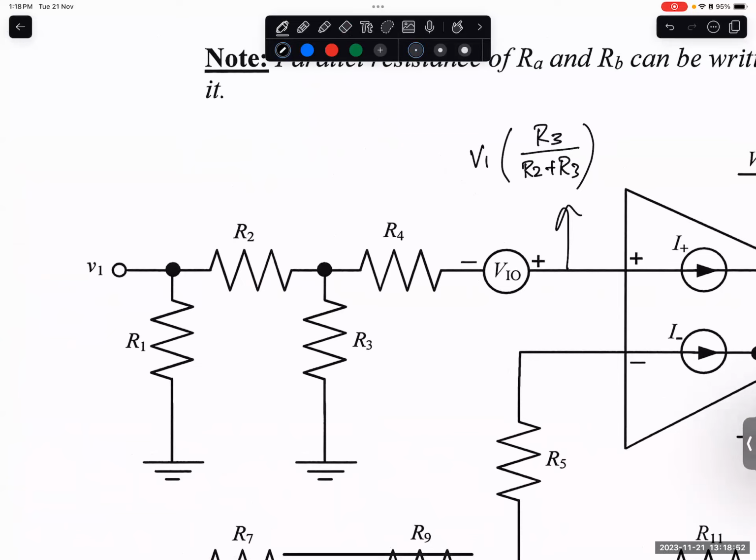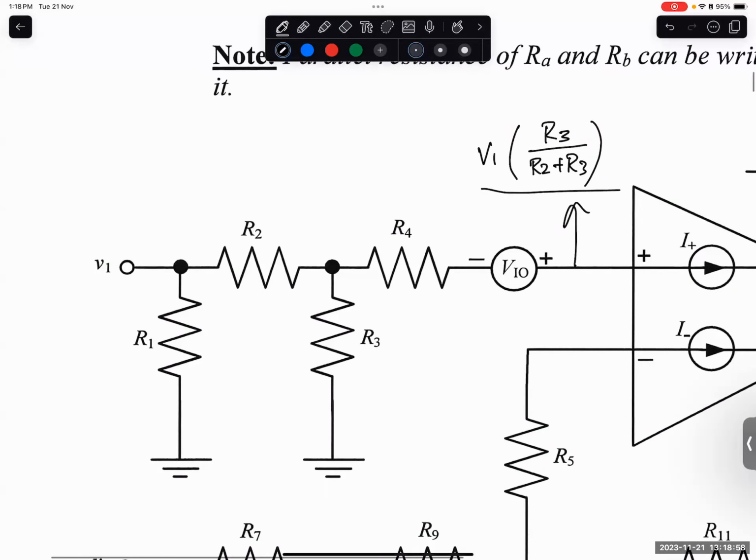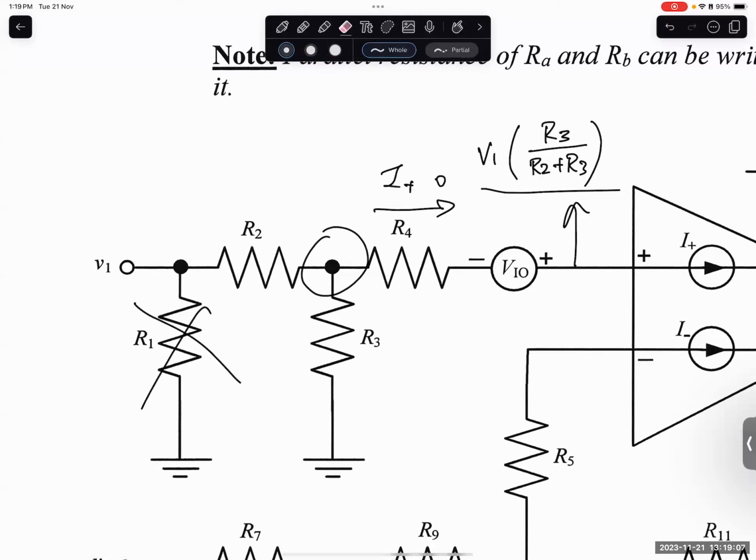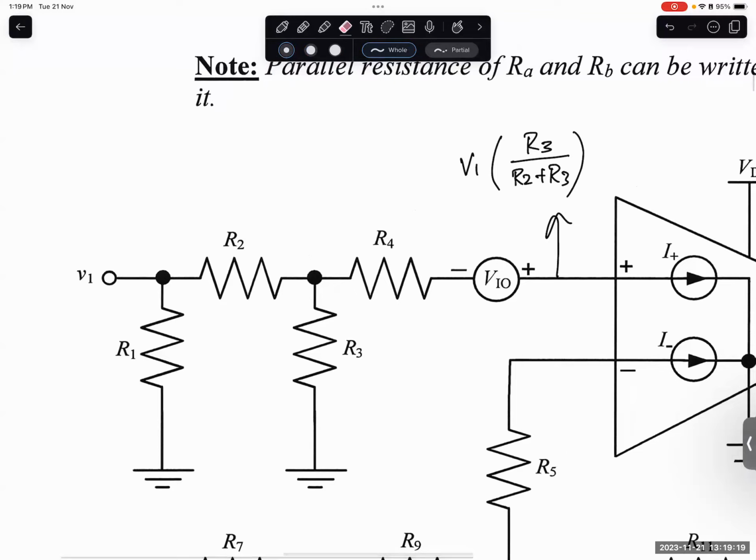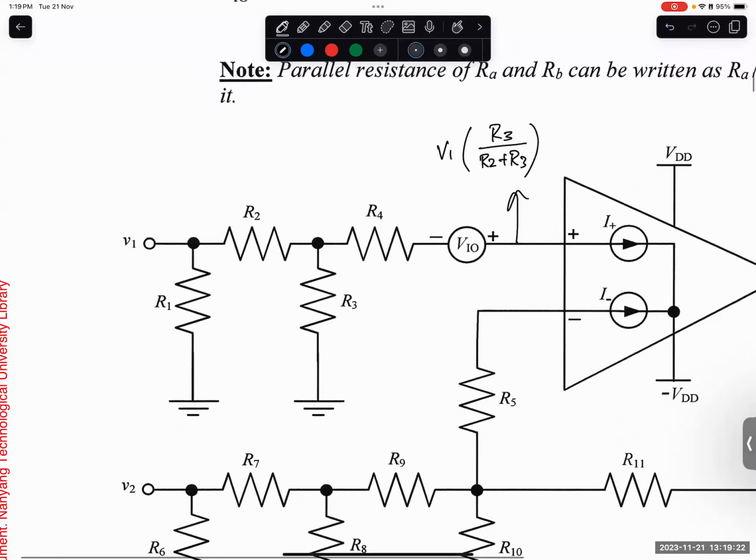This is the first part I haven't finished. You should get this one immediately. You can ignore this one because we're just finding the voltage here. Because there's no current, I equals 0.